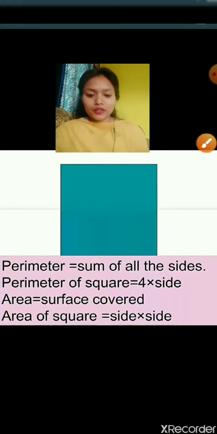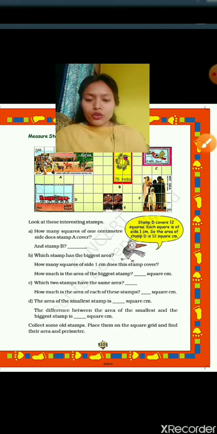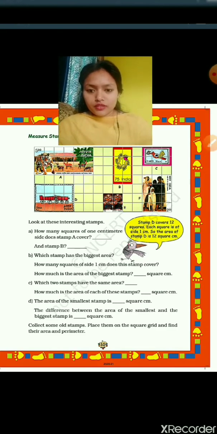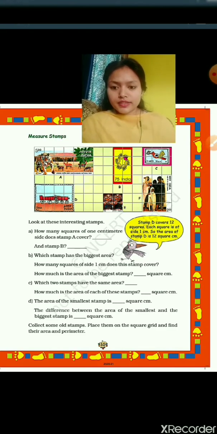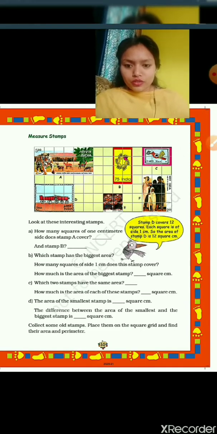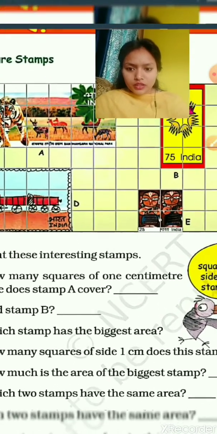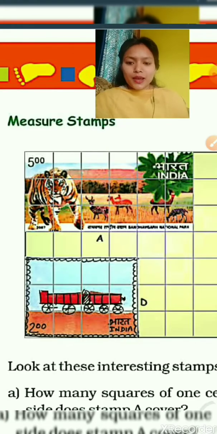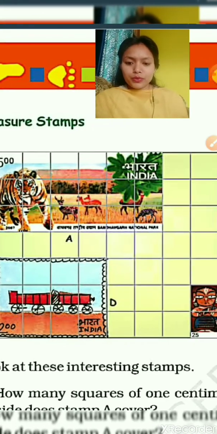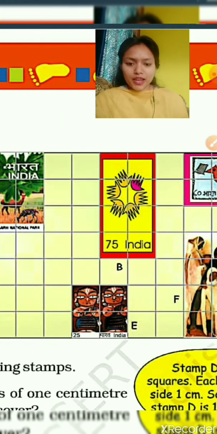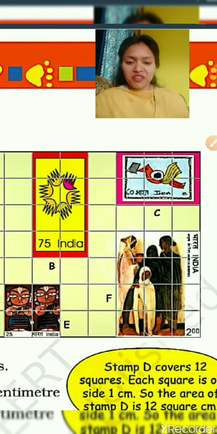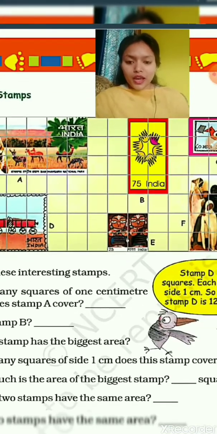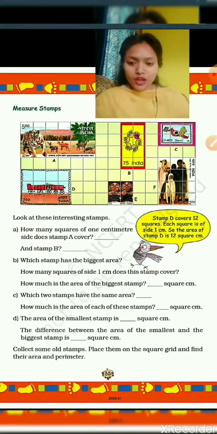Understood? Now let's move on. Here, can you see these stamps? Now just see them carefully. These stamps are given: stamp A, stamp D, stamp B, stamp E, stamp C, stamp F. All stamps are given here, and on the basis of these stamps you have to answer these questions.